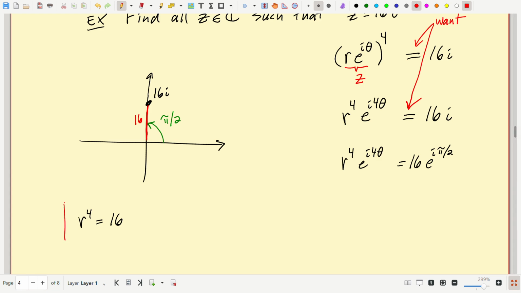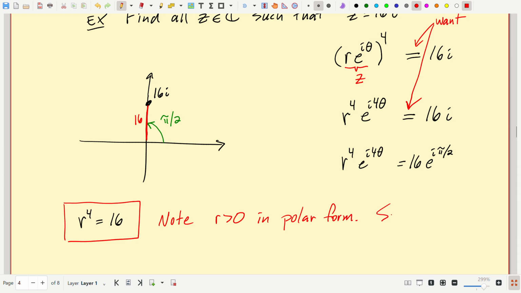Anyway, something to note is our r is bigger than 0 in the polar form. So we deduce that r has to be the positive fourth root of 16, which is 2. So 16 to the 1/4 equals 2. So it's determined. That's the easy part.